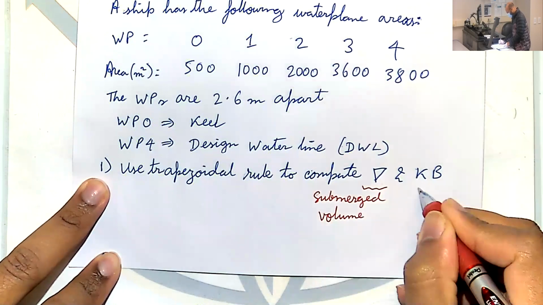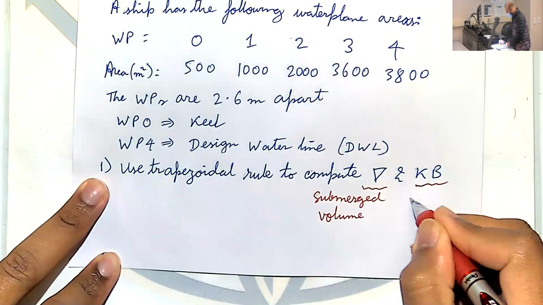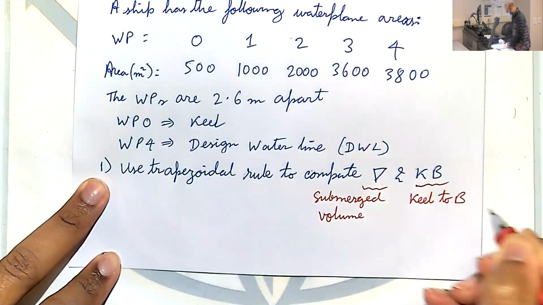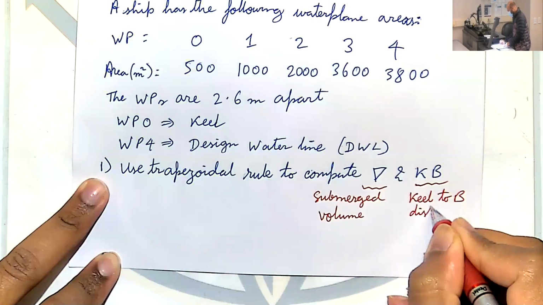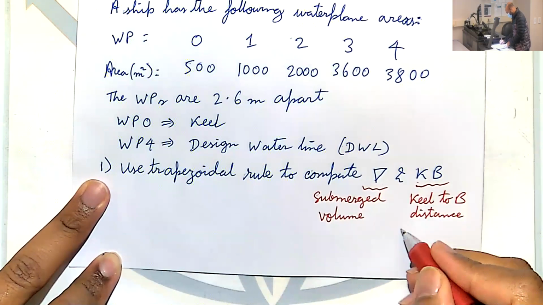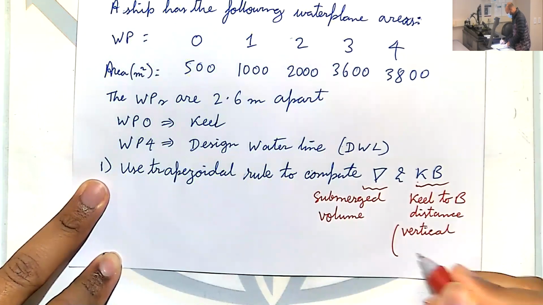And KB is keel to B distance. KB, B is the center of buoyancy. So this distance gives us vertical center of buoyancy.